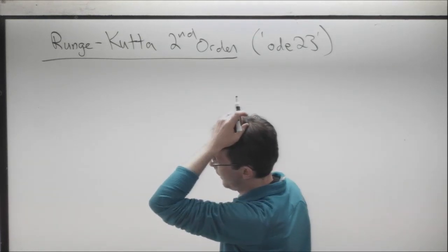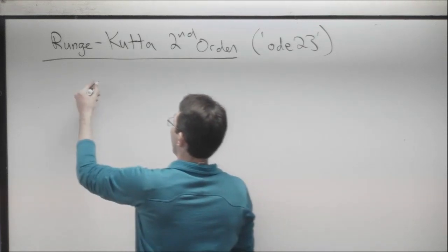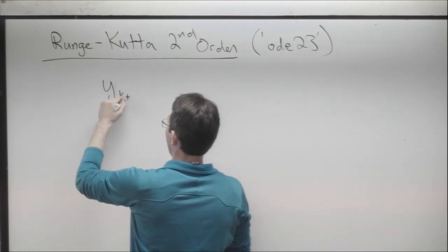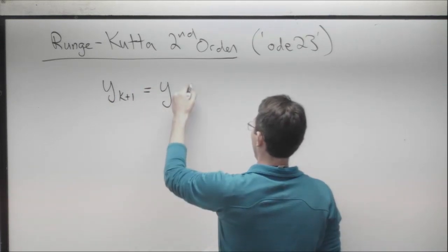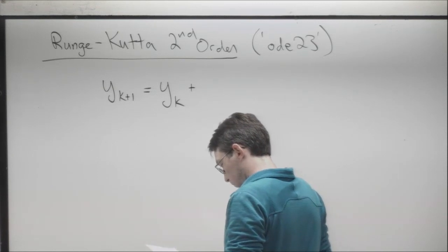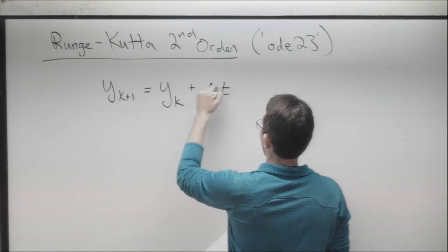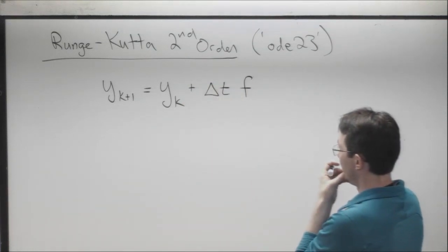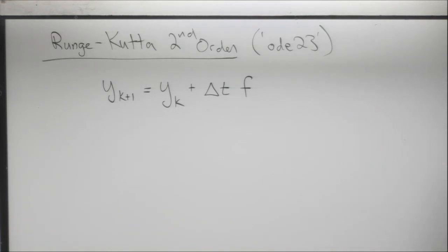And so what we're going to have, okay, let's try not to mess this up. We're going to have yk plus 1 equals yk plus delta t f.